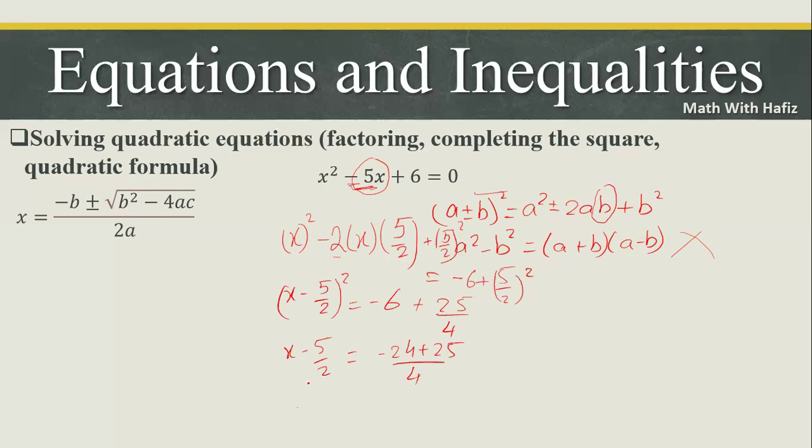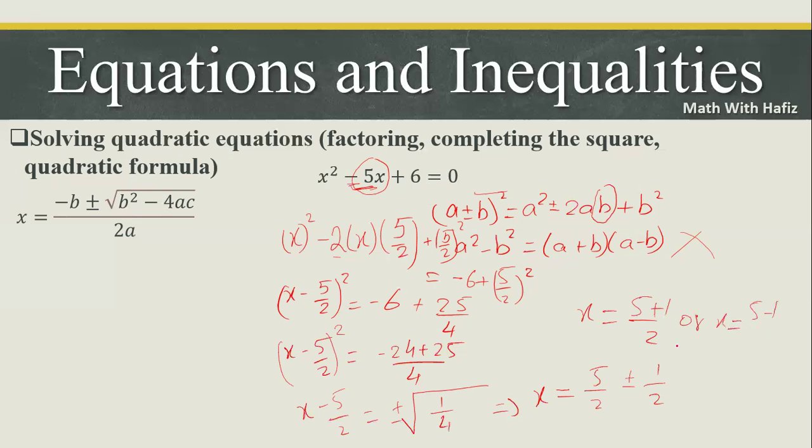So x minus 5 over 2 will be equal to the square root of plus or minus 1 over 4, which gives x equal to 5 over 2 plus or minus 1 over 2. So x will be equal to 5 plus 1 over 2, or x will be equal to 5 minus 1 over 2.